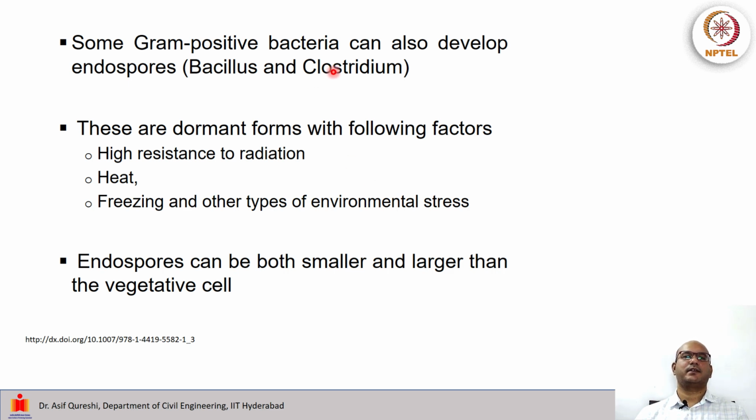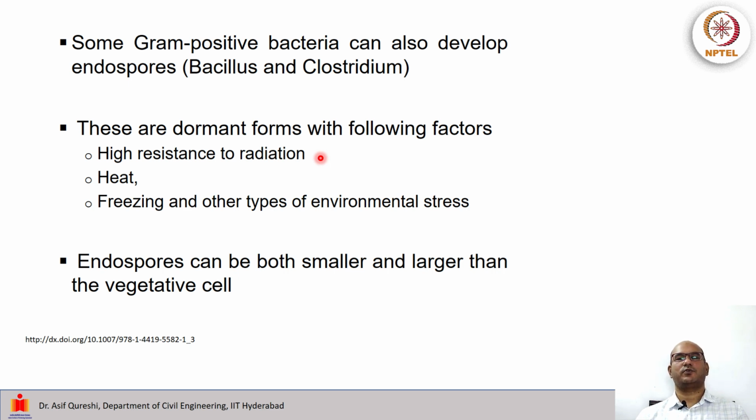Some gram-positive bacteria can develop endospores, Bacillus and Clostridium. These are dormant forms with factors such as resistance to radiation. So when we say resistance to radiation, we have to think about air pollution control devices. If there is equipment which says it will disinfect the air by killing the bacteria, we should already know that for some of the bacteria this may not work as well because they are resistant to radiation.